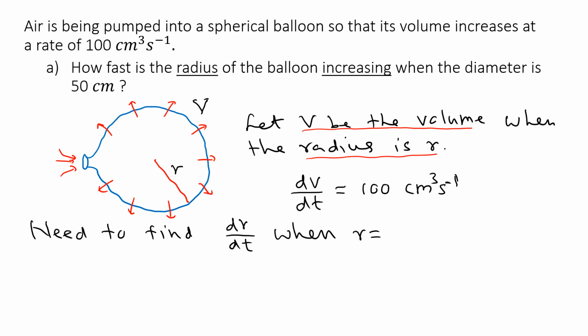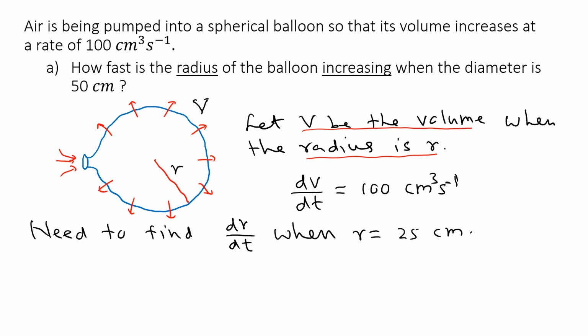So diameter is 50, radius is half of that, so that means it is 25 centimeters. So that's the radius. So what we need to do is we need to find dr over dt when r equals 25 centimeters.